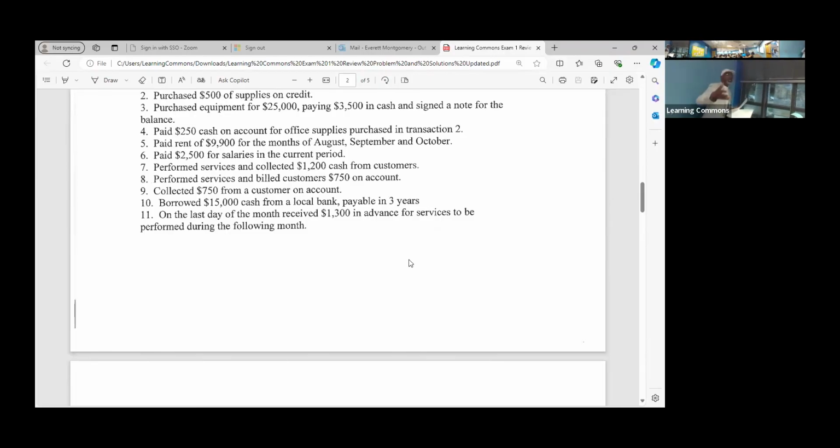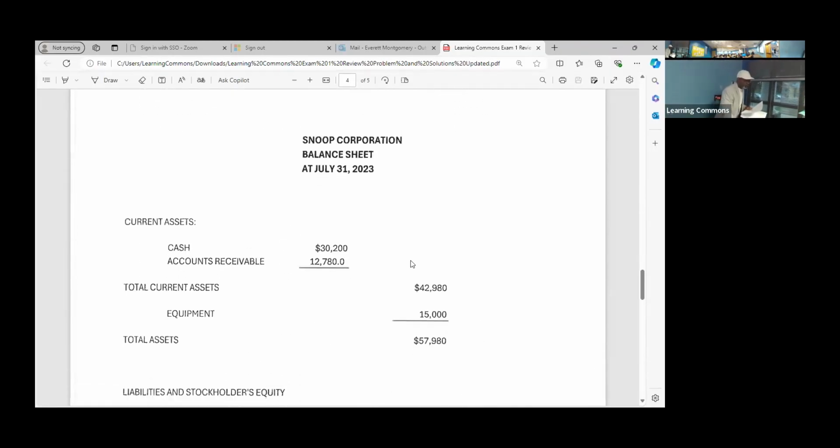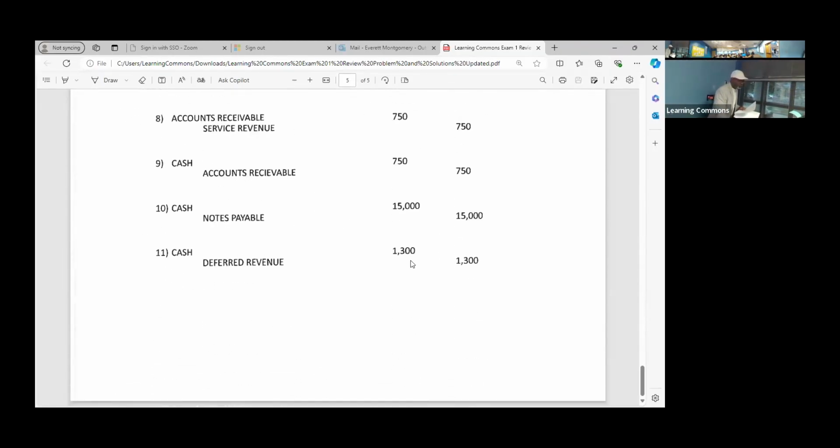So we know if it's payable in 3 years, it's a notes payable, right? Is it long term or short term? It's long term, absolutely. So we're going to bring in the cash right here, and we're going to go ahead and credit the notes payable.